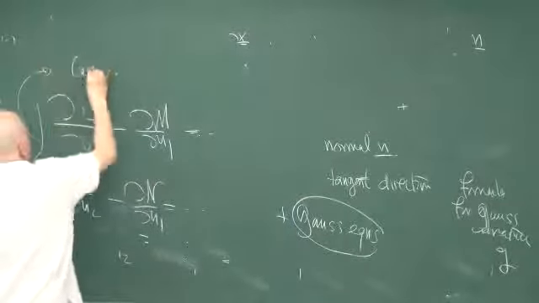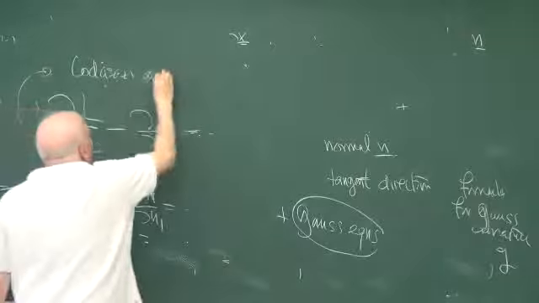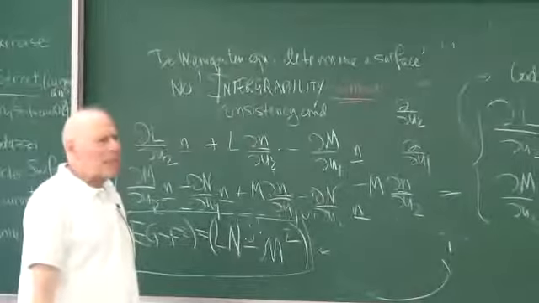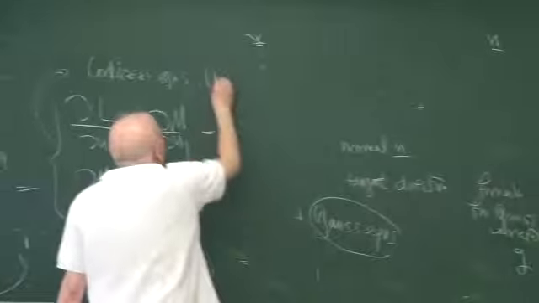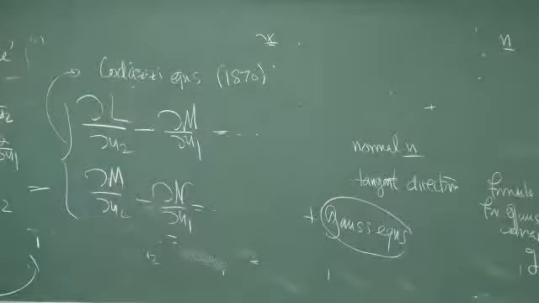So those are called the Codazzi equations, and Codazzi did this roughly 1870 when I looked it up once. So it was about the time of Riemann and Gauss, and these are the Codazzi equations.